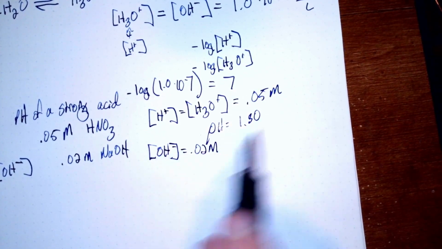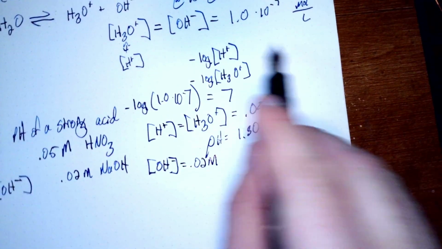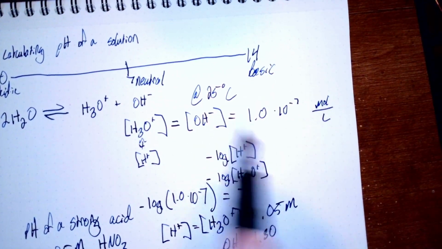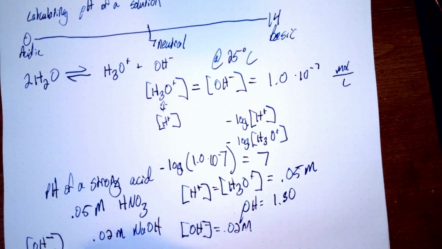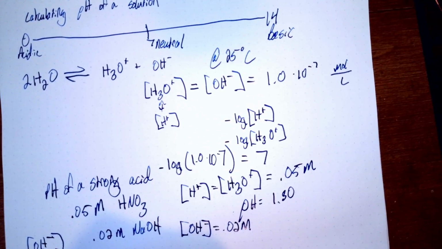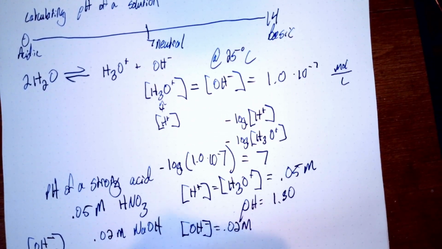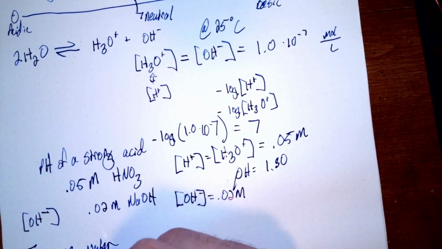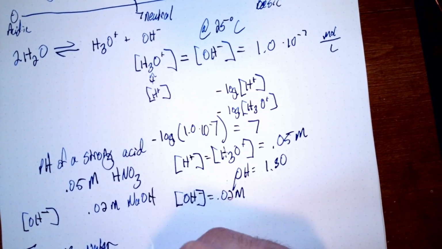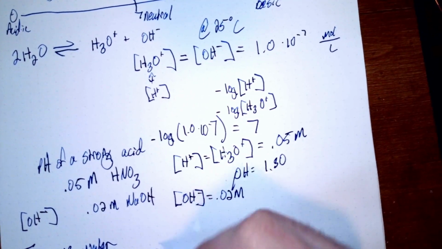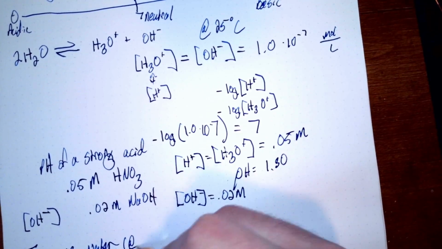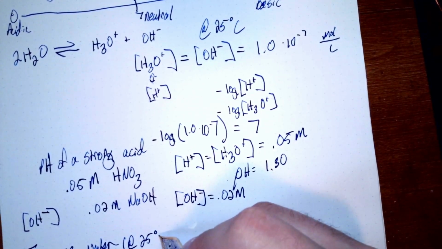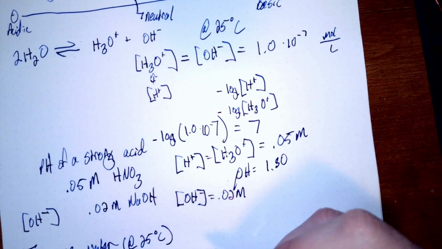So we actually can relate OH minus and H plus concentration back together through this relationship. If we take our H plus concentration times our OH minus concentration, at 25 degrees Celsius, this value is different at other temperatures.